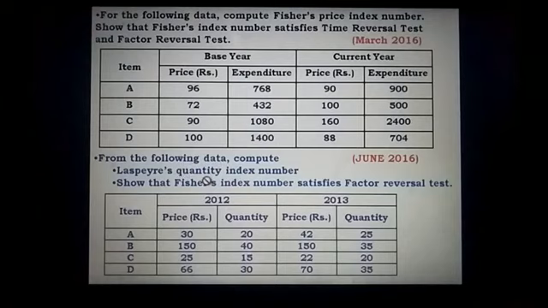By chance if you calculate price index number here, in general you are going to lose at least 2 marks. And then showing Fisher's index number satisfying factor reversal test, this we know already, we have solved enough problems.